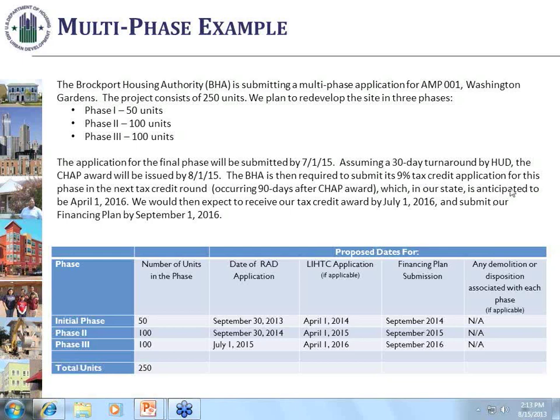So in dealing with a scenario with a multi-phase transaction where the AMP includes some single-family and duplex houses that are off-site, in the context of the multi-phase transaction, those RAD units will ultimately get transferred to the on-site development.